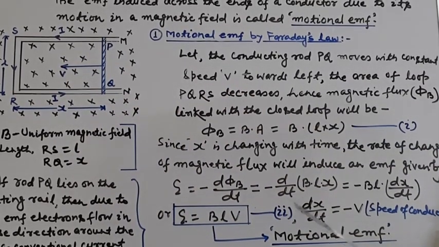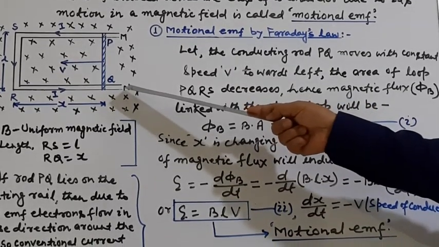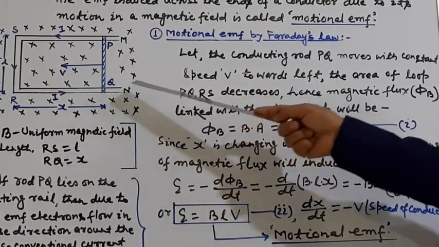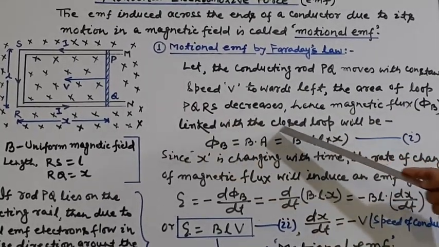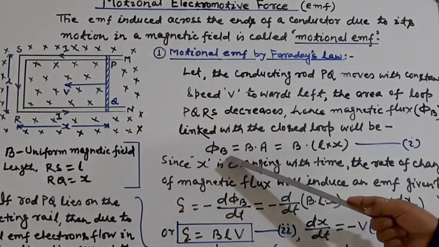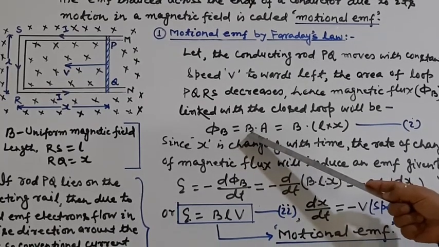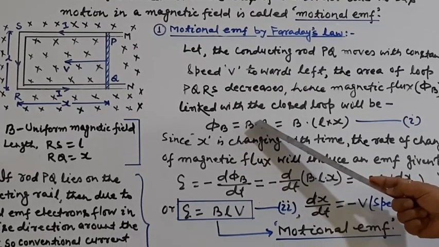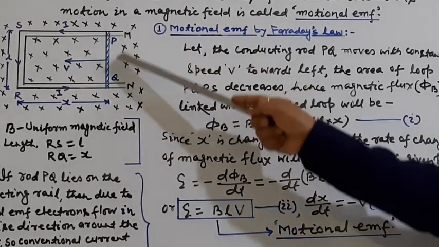Assuming that there is no loss of energy due to friction, what will be the magnetic flux linked with the closed loop PQRS? This phi is equal to B into A. B is the uniform, time independent magnetic field perpendicular to the system, and A is the area of this loop PQRS.